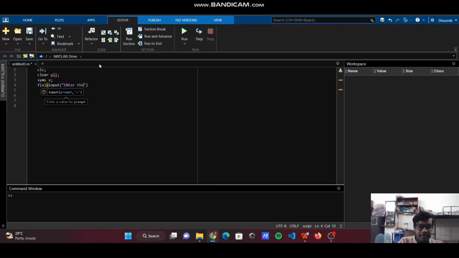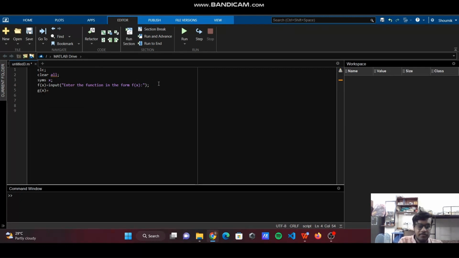Like basically here I'm going to write enter the function in the form f of x. Basically this is an indication. You can leave it as input only, but I think it would be much easier to understand if you put the string here so that you know what you're doing.